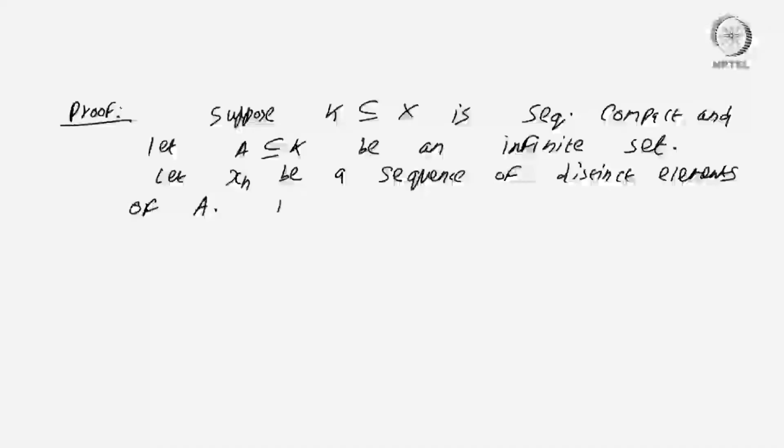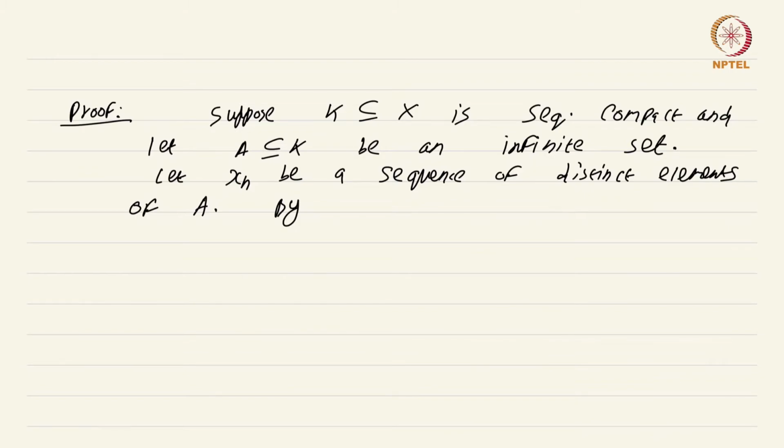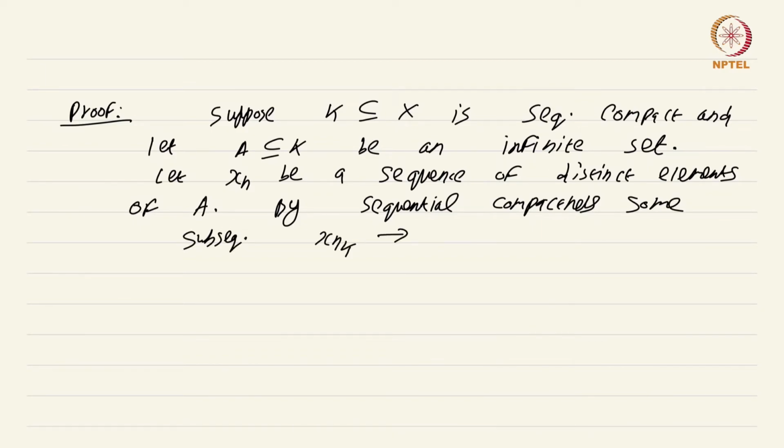By sequential compactness, some subsequence x_{n_k} converges to x, and this x should be in K. That's the definition of sequential compactness.